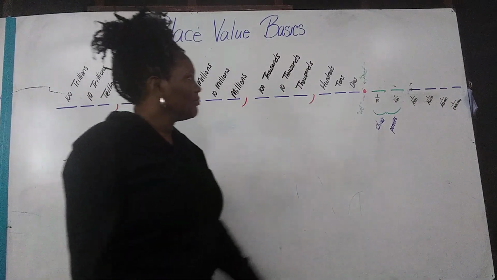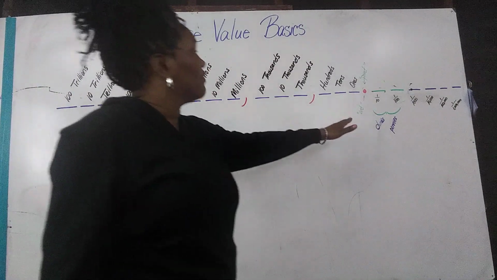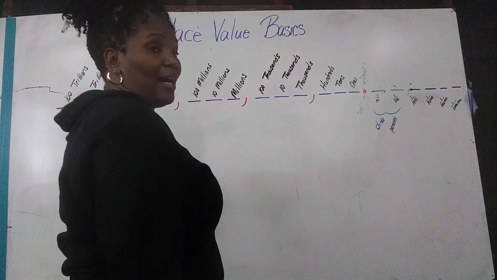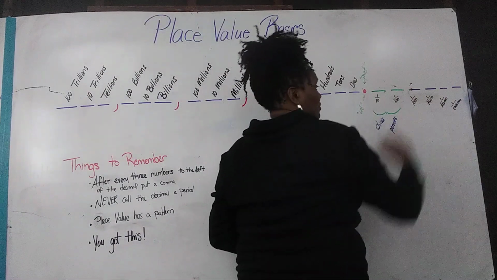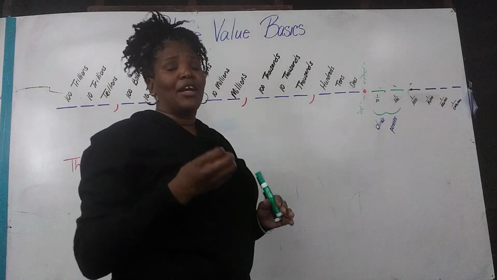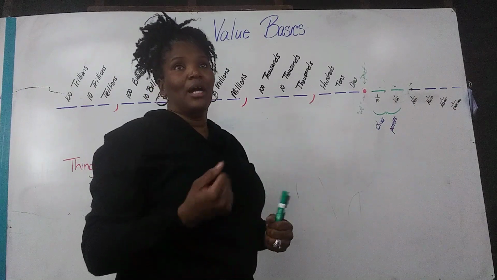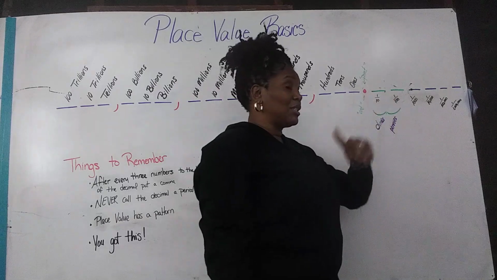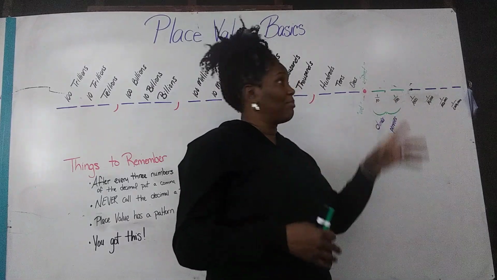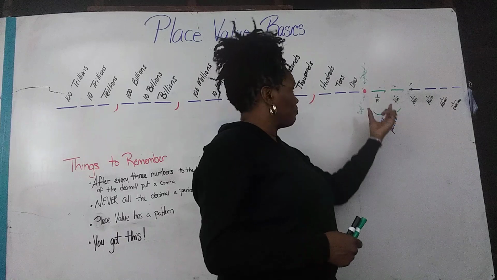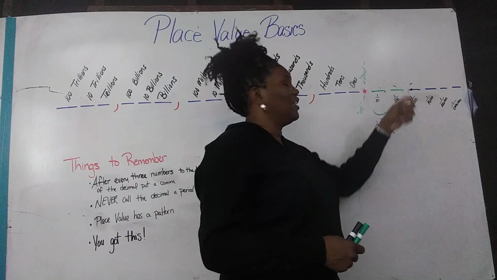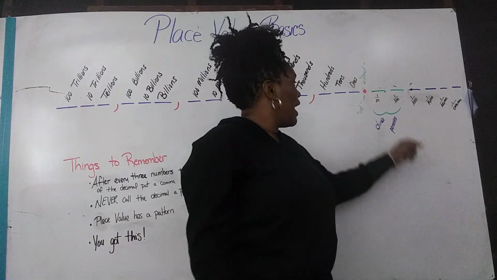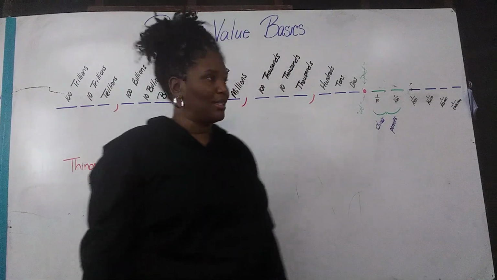Alright? So, when we're getting into place value, we always start at the ones place and we work our way to the left side. Everything to the right of the decimal are numbers that are less than 1. They're fractions, you could say. What you need to know about the first 2 digits behind the decimal, the tenths and the hundredths: when you get into money, the tenths represent your dimes and the hundredths represent your pennies.